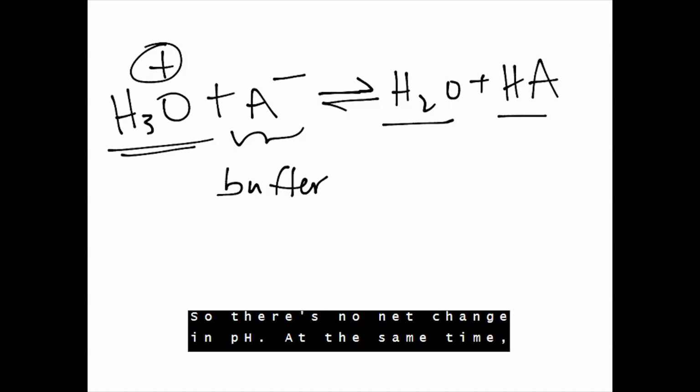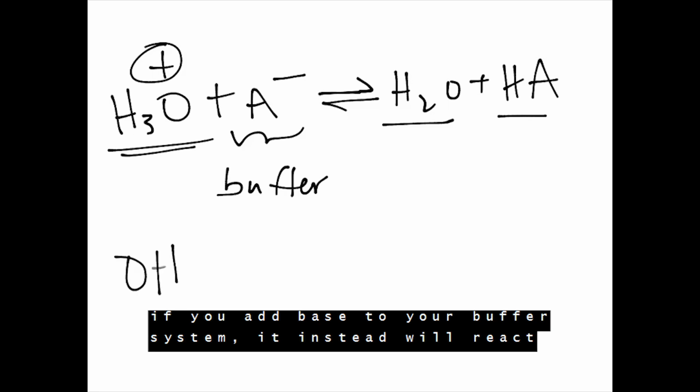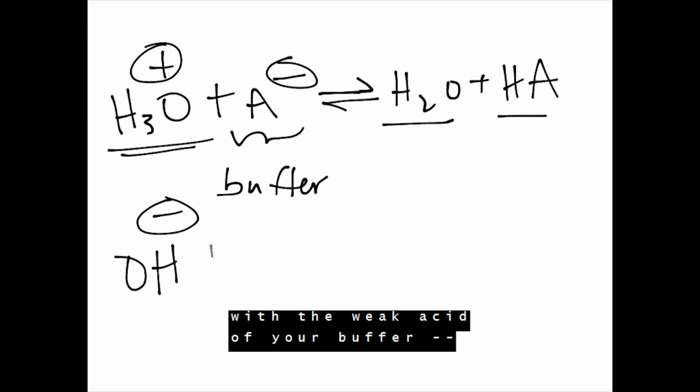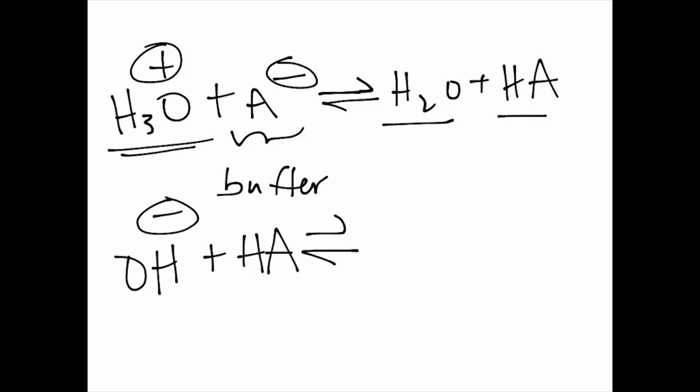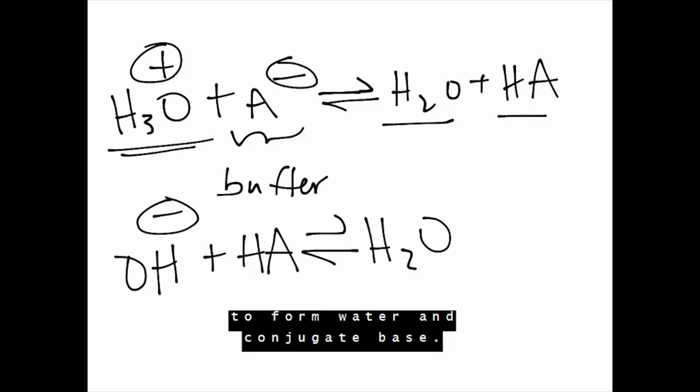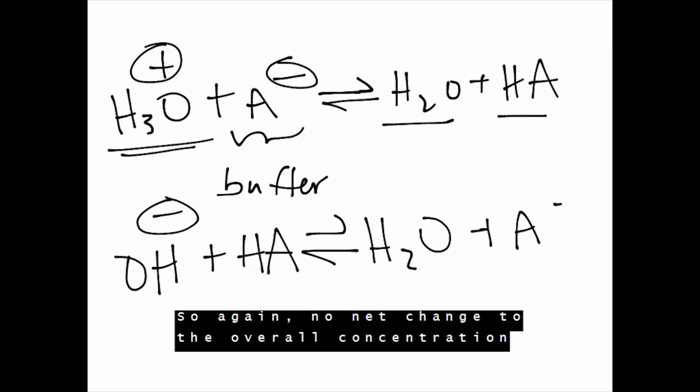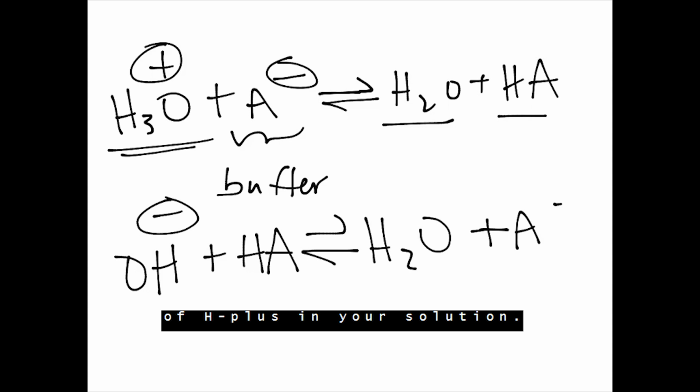At the same time, if you add base to your buffer system, it instead will react with the weak acid form of your buffer molecule, to form water and conjugate base. So again, no net change to the overall concentration of H plus in your solution.